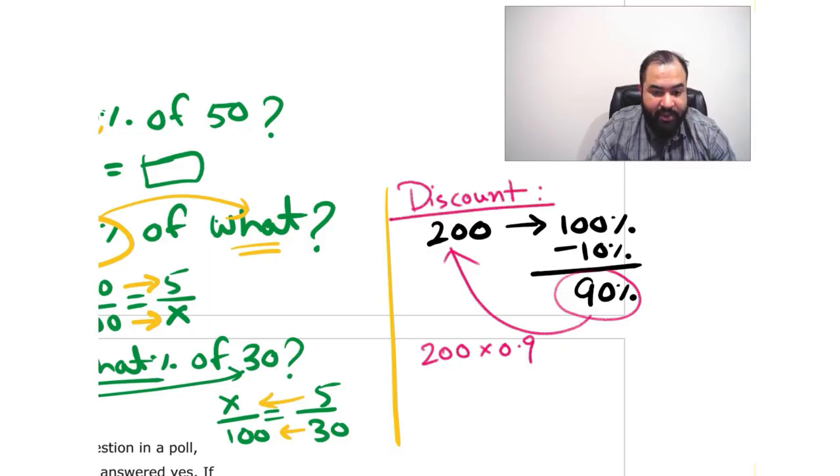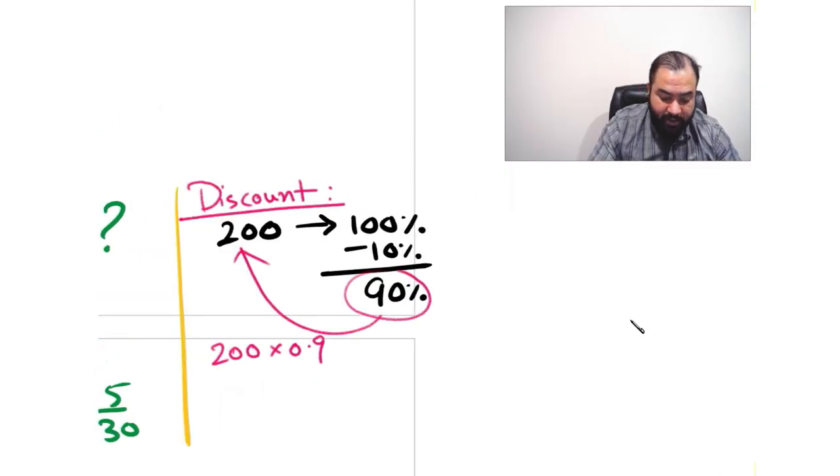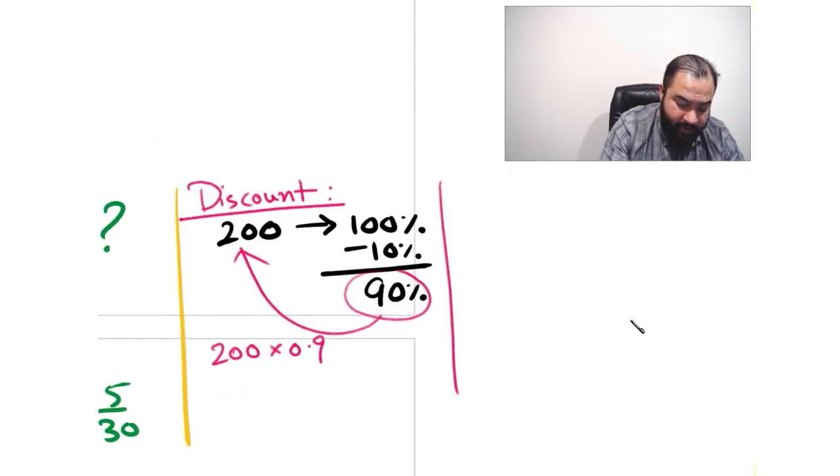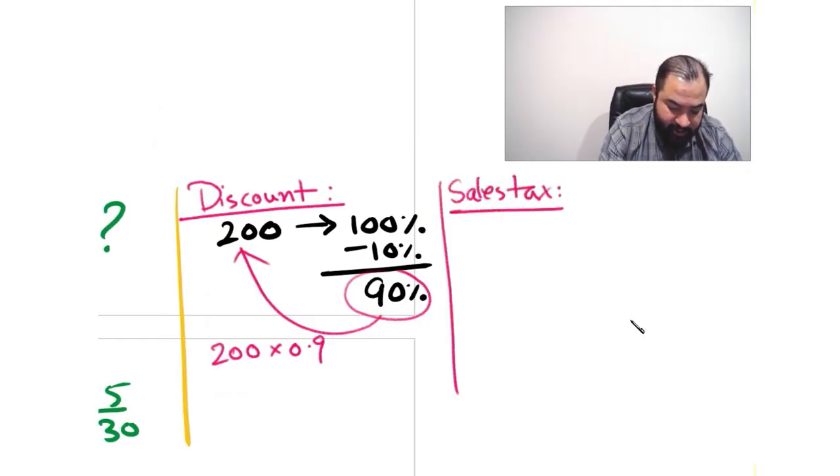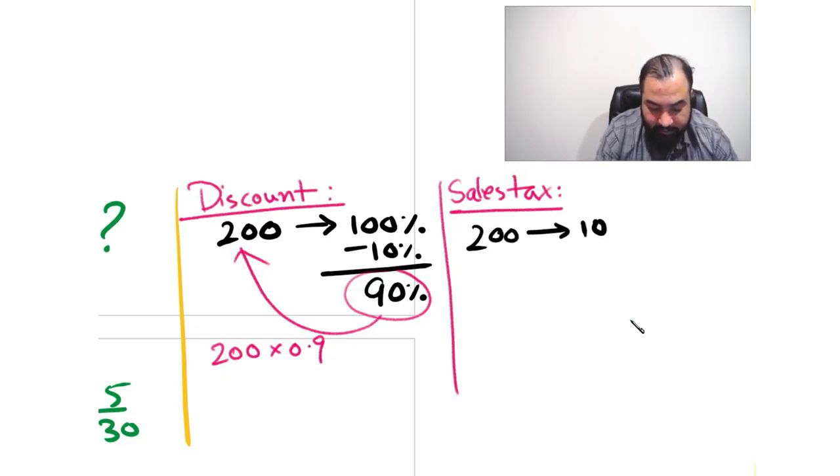And the second thing you need to know is the increase, like for example, sales tax. You have to pay the tax, right? So let's say you bought something with $200, and that's the 100%.